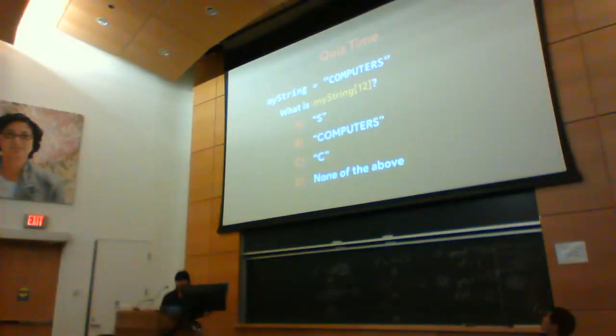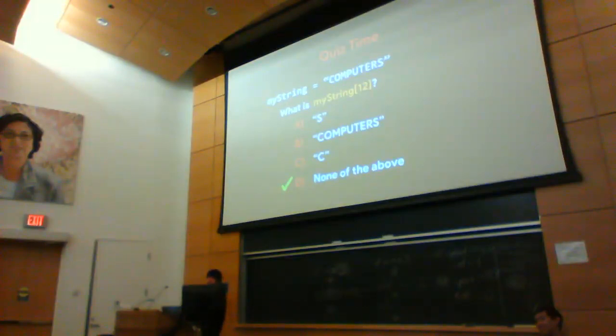Now what if I say my string at index 12? What does this give me? Who says A? Who says B? Who says C? And who says D? All right, good. D's the right answer. Can you explain why it's in that range?